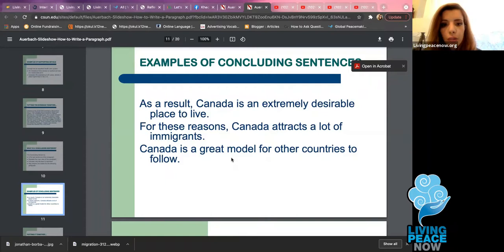As a result, for these reasons, in conclusion, as far as I am concerned, you can use some connectors to conclude your paragraph.